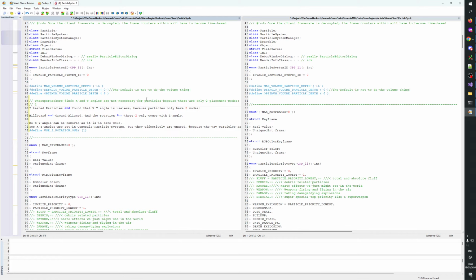One, billboard, always facing the camera, and ground aligned, stuck to the ground.